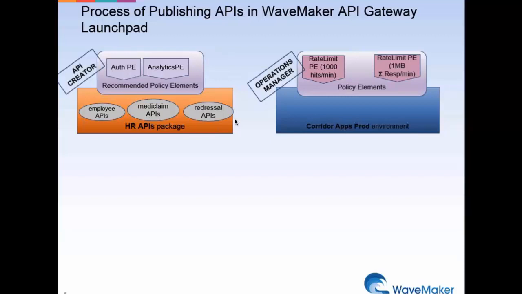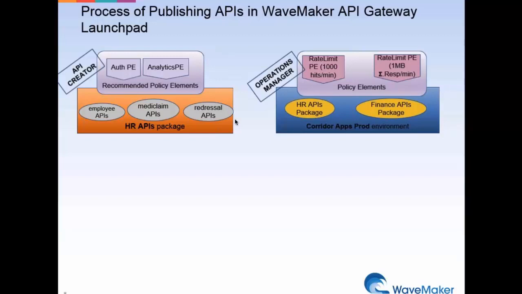Based on the environment capacity, what kind of VM or machine it is, and what other services the environment is offering, he can get a fairly good idea of what this environment is capable of and configure the policy elements, in this case the rate limiting policy element, with rate limiting for the payload as 1000 hits per minute and 1 MB cumulative response per minute. That way he gets to configure what this environment can support.